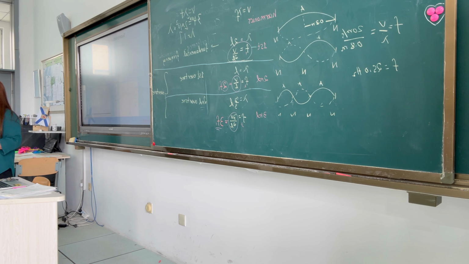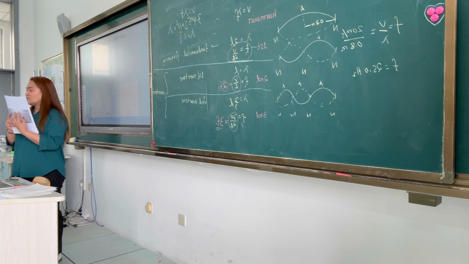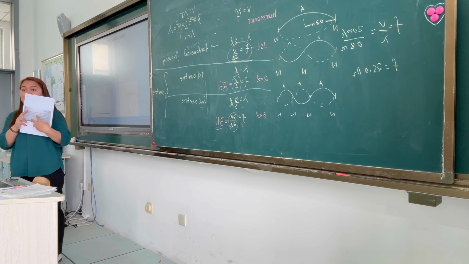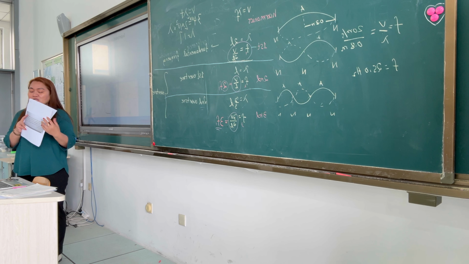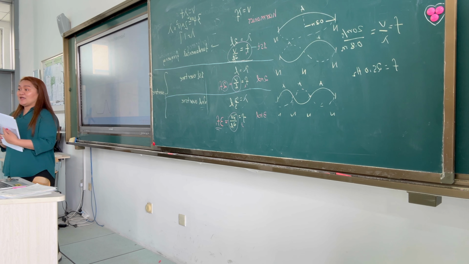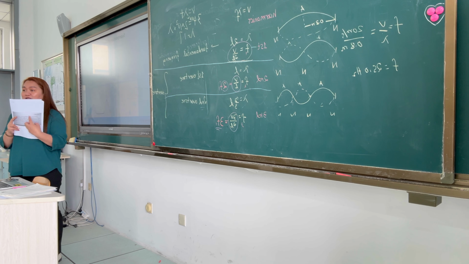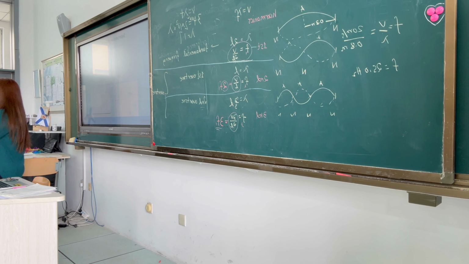Here, I'm going to give you some example problems, and you can do this by partner. I will give you different questions, and later on you will be the one to explain your answer to your classmates.